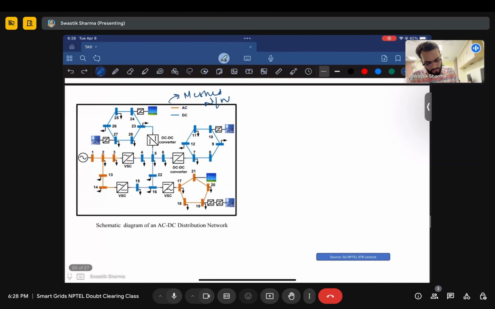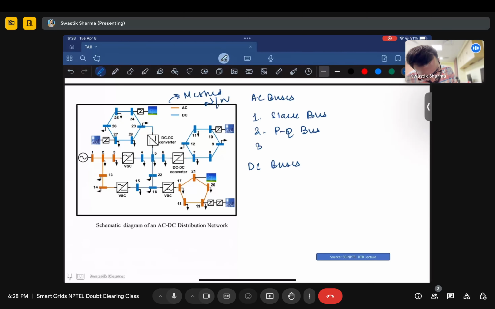Now, how many buses do you have? You have AC buses and you have DC buses. The AC buses are characterized as one slack bus or reference bus, then you have the PQ bus, which is a load bus, and the PV bus, which is a voltage controlled bus.